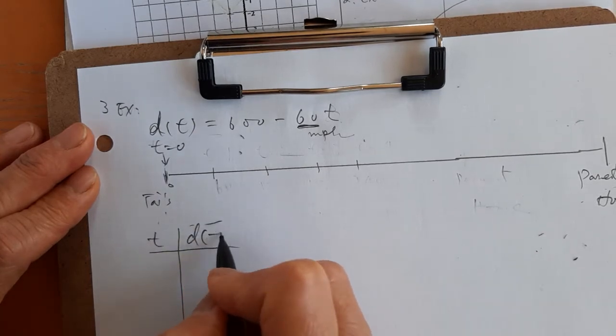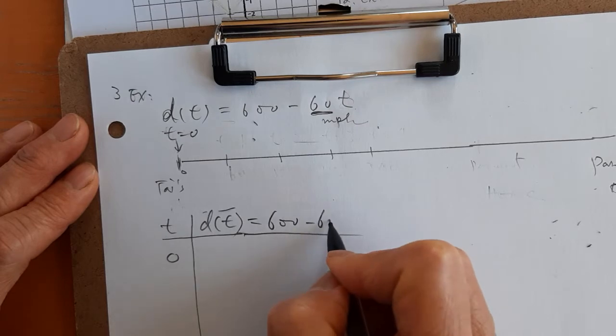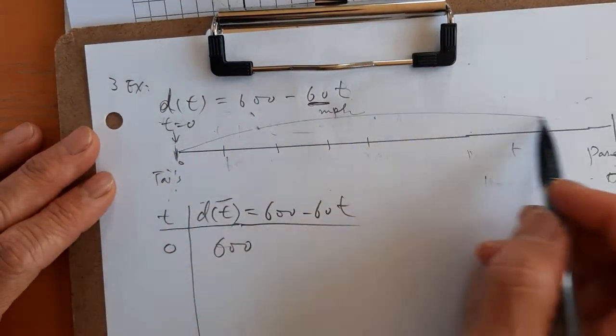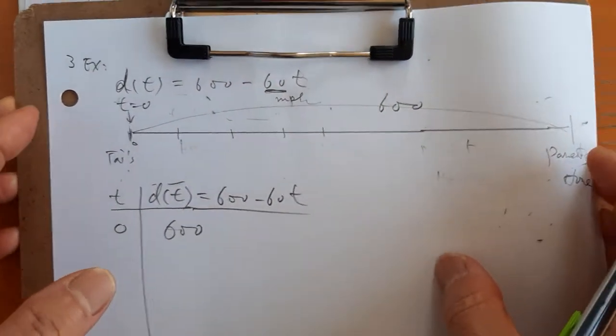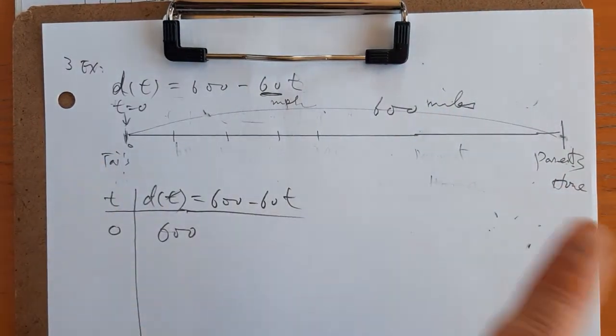The distance is a function of t. When t equals 0, d(t) = 600 - 60t, so plugging in gives 600. The distance between Ty's home and his parents' home is 600 miles.